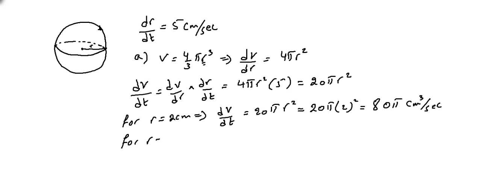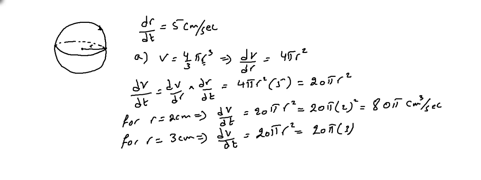For r equal to 3 centimeters, dV/dt is 20 pi times 3 squared, 9 times 20 is 180 pi centimeters cubed per second.